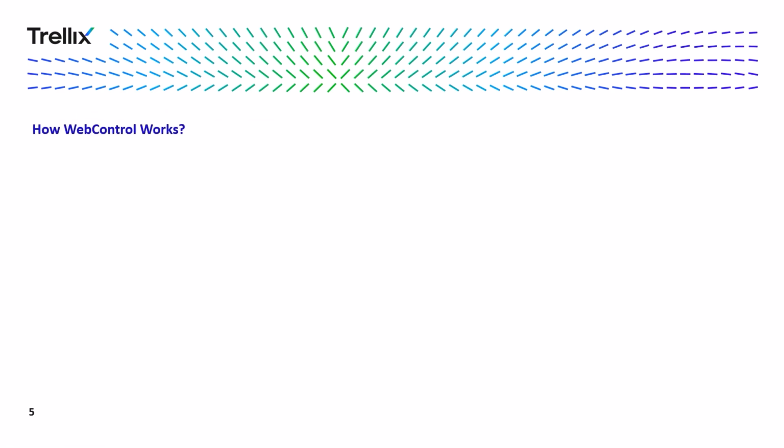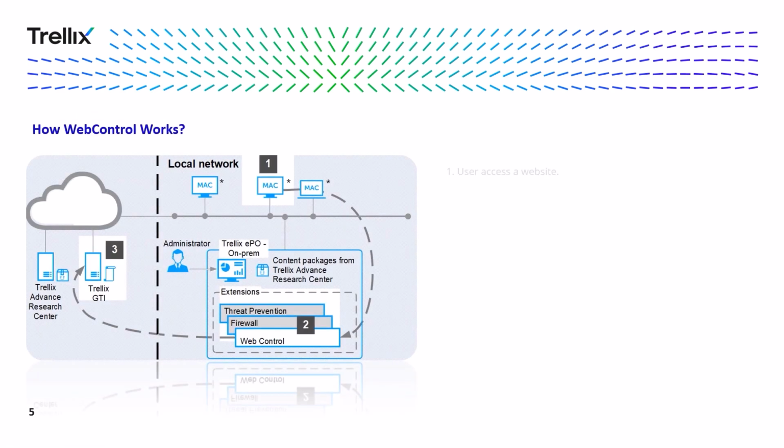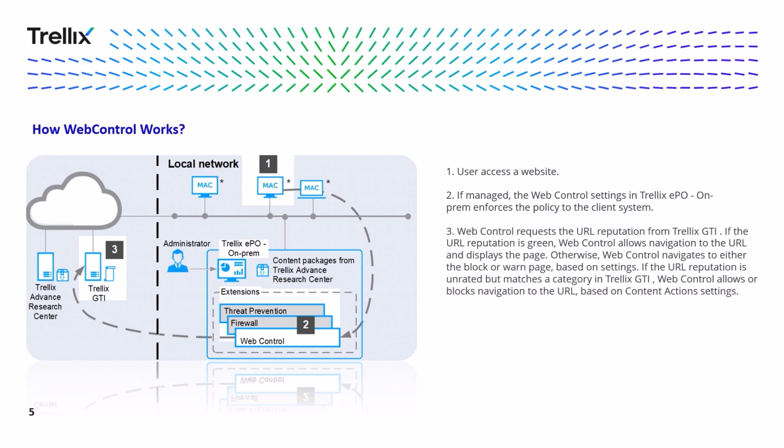Let's see how Web Control works. A user accesses a website. If managed, the Web Control settings on EPO enforce the policy on the client system. Web Control requests the URL reputation from Trellix GTI.